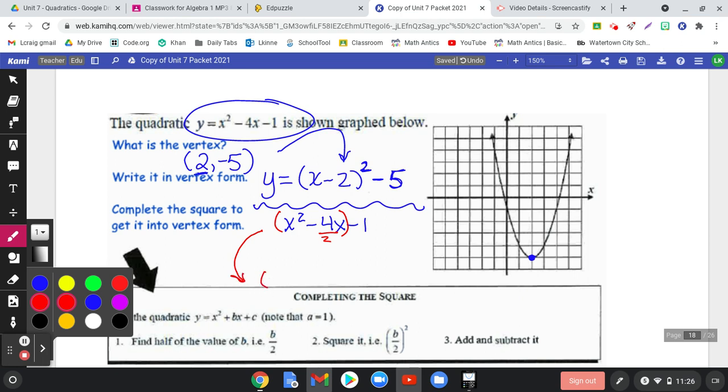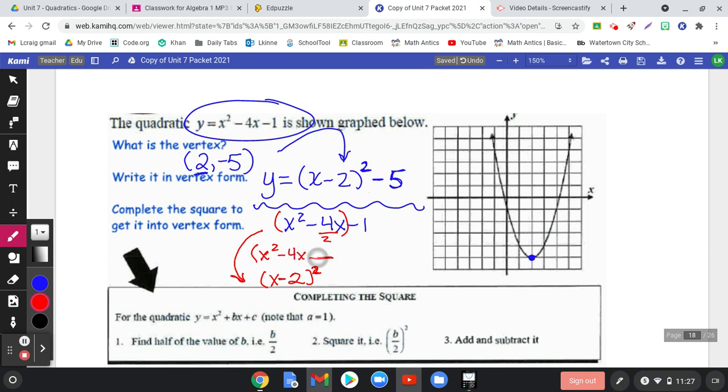So right here, I'm going to have x minus 2 squared, which you may notice is exactly what we have right here, x minus 2 squared. All right, now, if we really did have that, I'm going to just copy this x squared minus 4x down. I'm going to leave a space and then put the minus 1 outside. What would negative 2 squared be? 2 times 2 is 4.